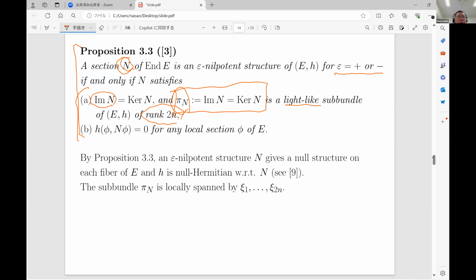And N satisfies this for any local section phi of the vector bundle.